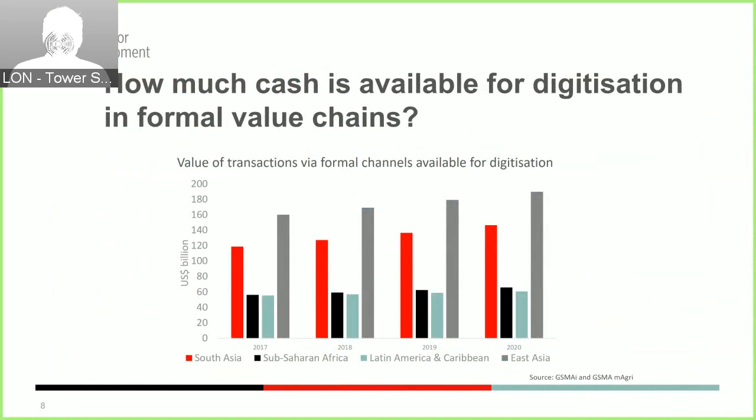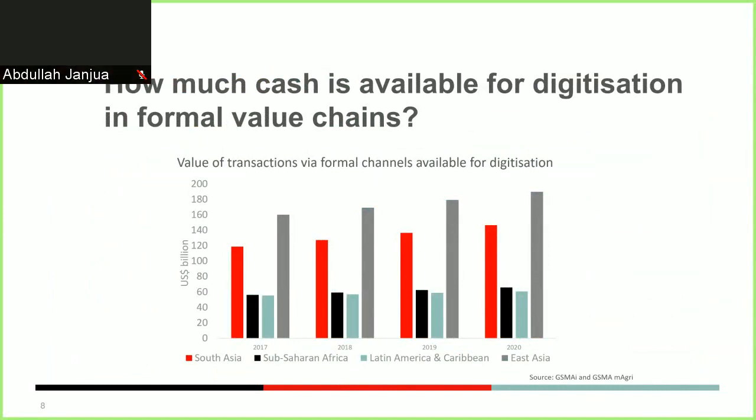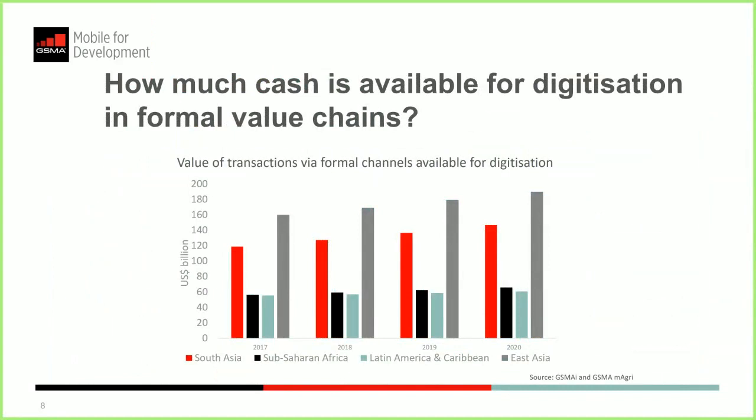We expect it to grow to 460 billion in 2020. So out of the 460 billion in 2020, we estimated about 190 billion will come from emerging markets in East Asia, 150 billion from South Asia, and then if we go to the other regions, we have about 70 billion estimated from Sub-Saharan Africa and 60 billion from Latin America and the Caribbean.